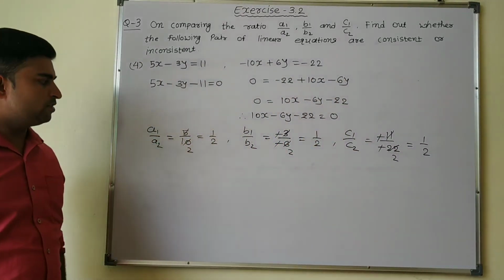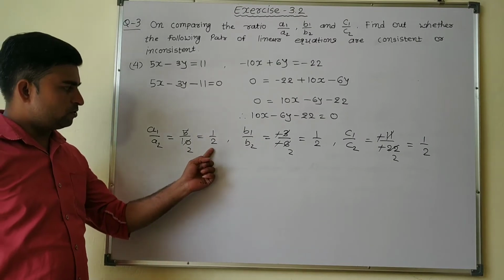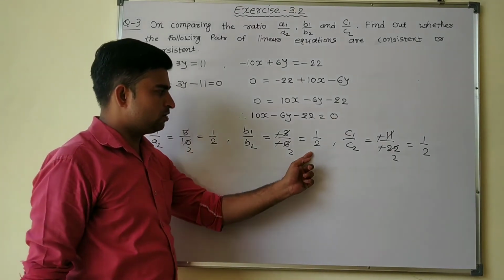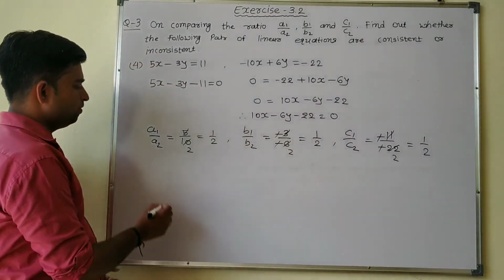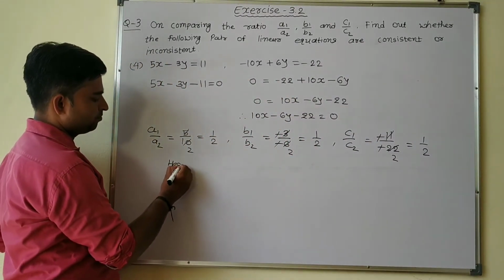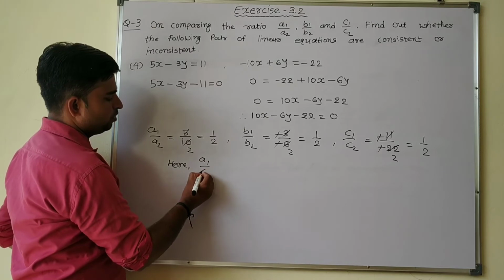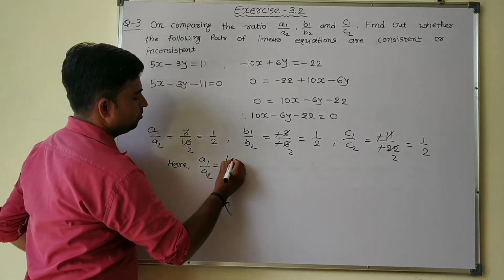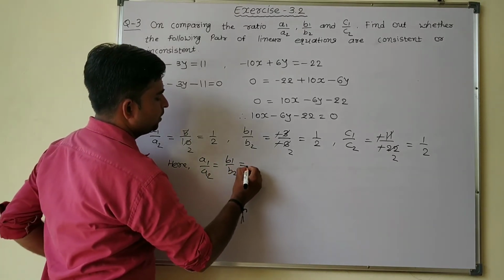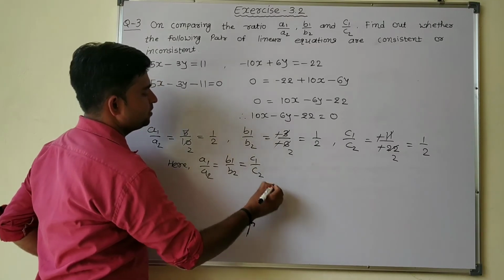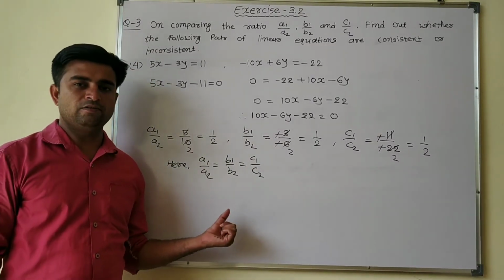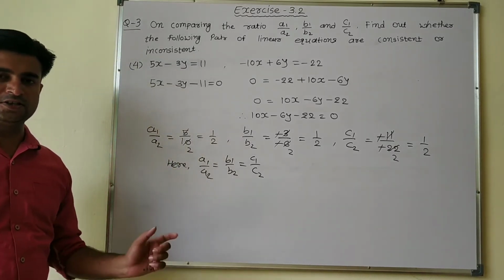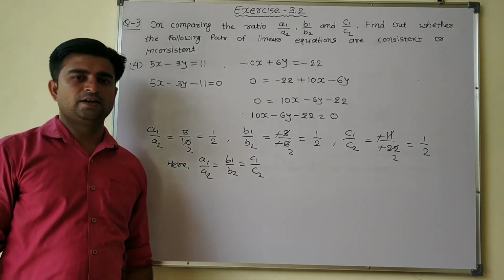So here we observe that all the three ratios are 1 upon 2, here also 1 upon 2 and here also 1 upon 2. So we can say a1 upon a2 is equal to b1 upon b2 is equal to c1 upon c2. So we get this condition. So the given pair of linear equations are consistent as well as dependent.